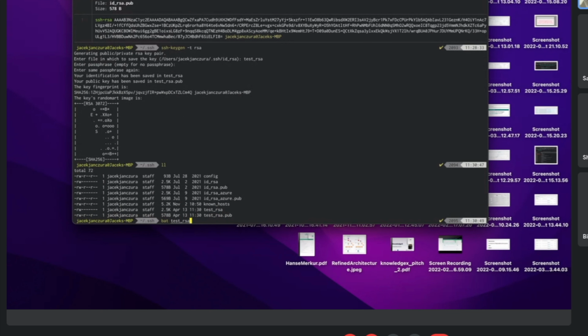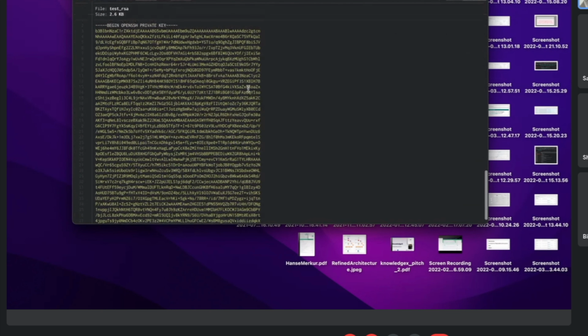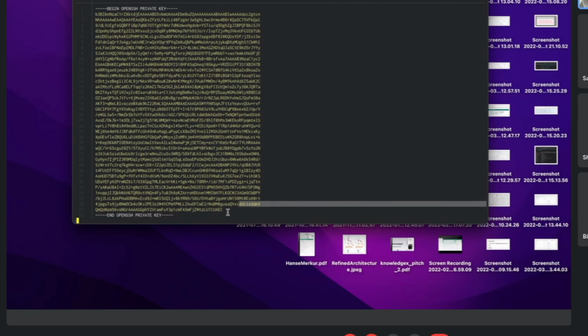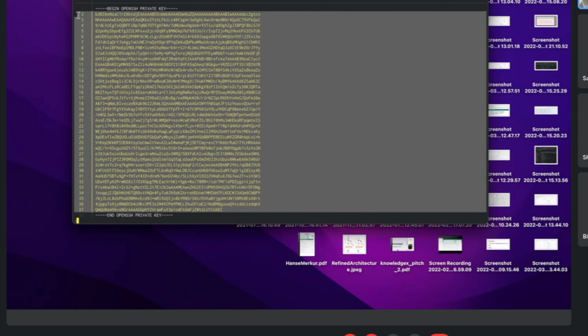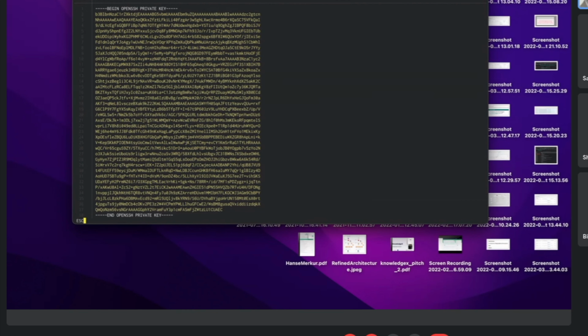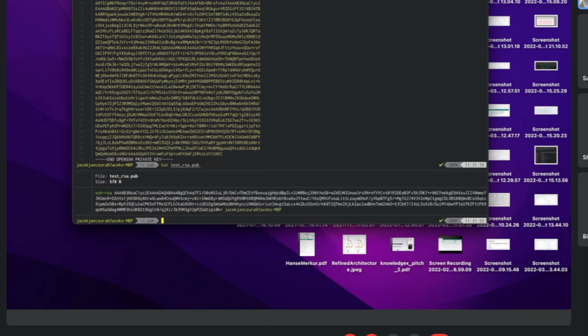Test_RSA. This is the private key. This key is longer than a public key, and this key is used for encrypting a hash. And this is the public key.